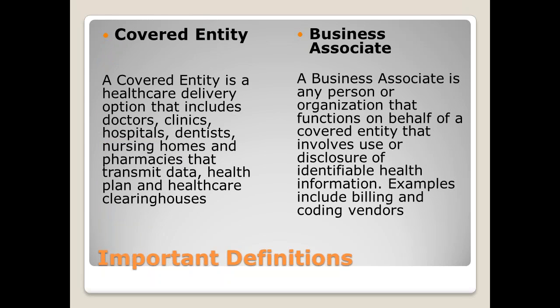So I mentioned business associate a little earlier. These are two definitions that are important that you kind of understand. A covered entity is a healthcare delivery system or a provider, someone that's actually providing care. It can be a doctor, a clinic, a dentist, a nursing home, pharmacies that transmit data electronically, and then healthcare clearinghouses. Those are agencies set up that kind of take your data. They might reformat it. They might change it up a little bit to submit it to, say, a payer or eligibility, that kind of thing.